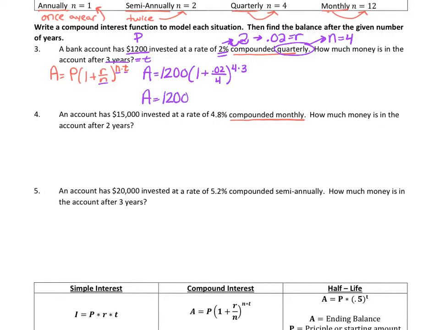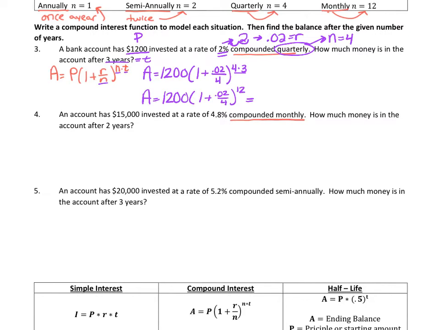So $1,200, 1 plus 0.02 over 4, and then it's 4 times 3, so to the 12th power. So I'm going to type this whole thing in the calculator, just like this with the parentheses and everything. So $1,200, 1 plus 0.02 divided by 4 to the 12th power.